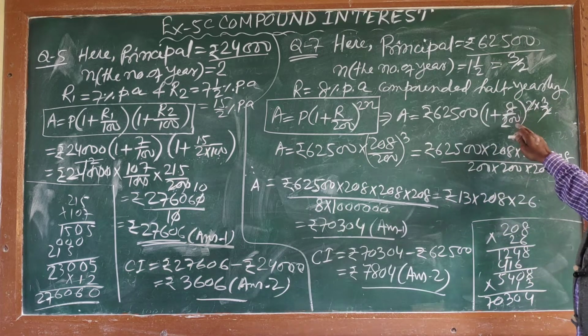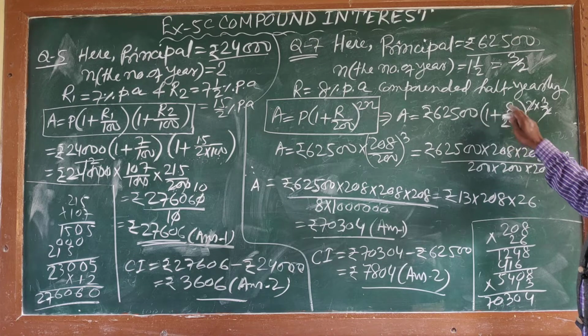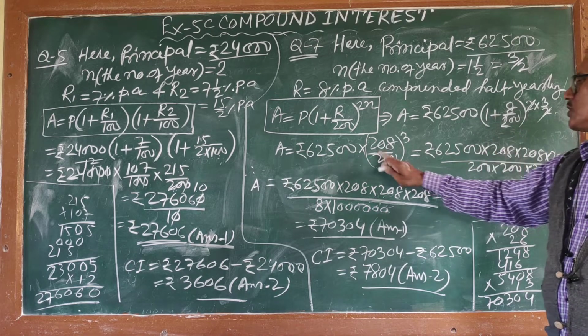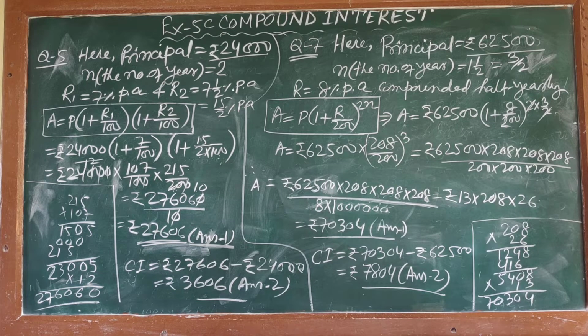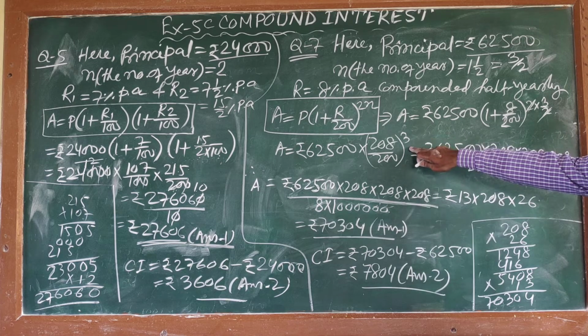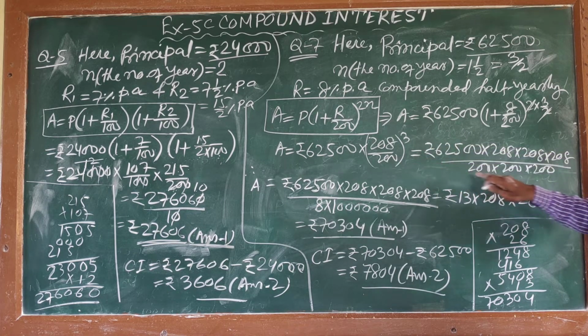So 1 plus 8 by 200 will become 208 by 200. See, 208 by 200 cubed, multiplied by 62,500. So you do 62,500 into 208 into 208 into 208, because the power is 3 and the denominator also will multiply 3 times. You got it.